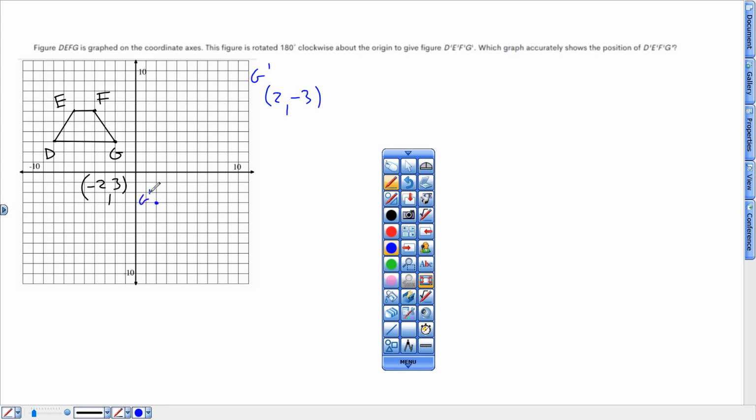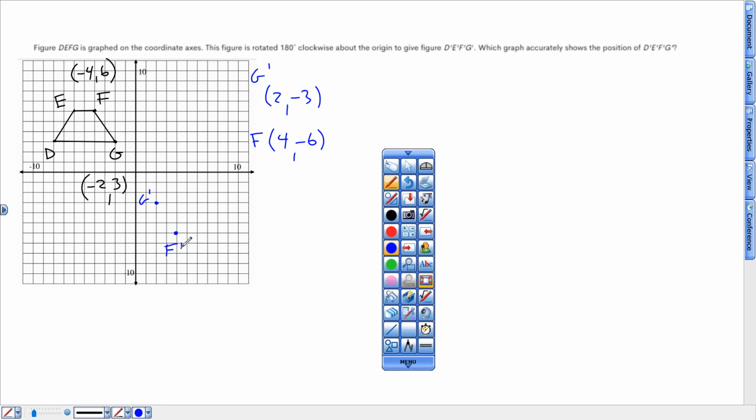If I look at F up here, F is -4, up 6. If I do the opposite of that F point, that will become 4, -6. So here it is, over 4, down 6. That is F prime.